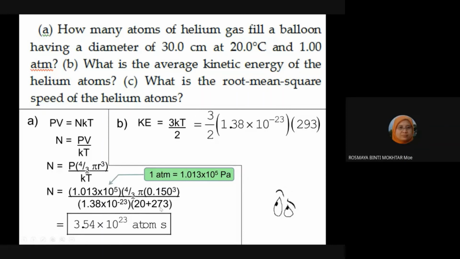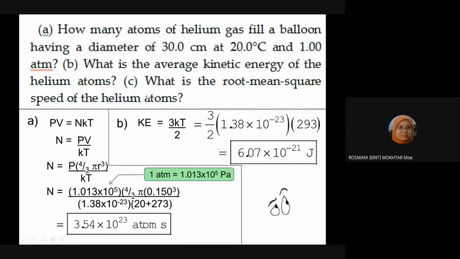Just now, 20 plus 273 is 293 Kelvin. So the answer for the kinetic energy is 6.07 times 10 to the power of negative 21 joule. Question B answered.